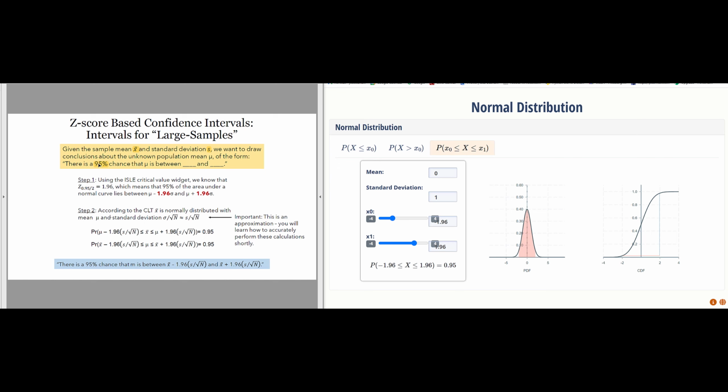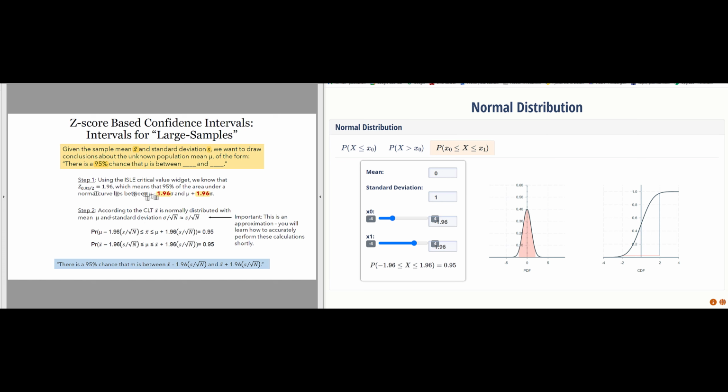Well, in order to have a 95% confidence interval, we've already described that means we're looking for an interval of plus or minus 1.96 standard deviations around the mean.